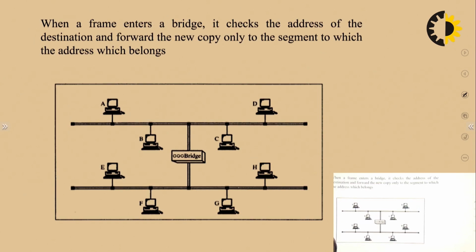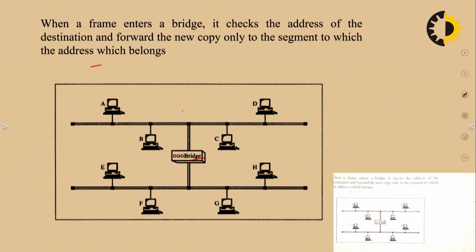When a frame enters a bridge, it checks the address of the destination and forwards a new copy only to the segment to which the address belongs. When you look at LAN 1, the A, B, C, D stations are connected here, and on LAN 2 the E, F, G, H stations are connected, but these two are connected with each other with the help of the bridge.